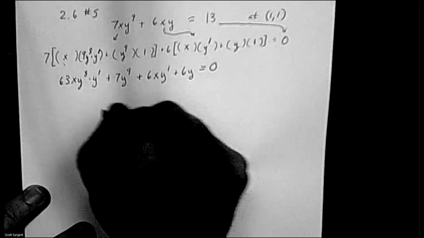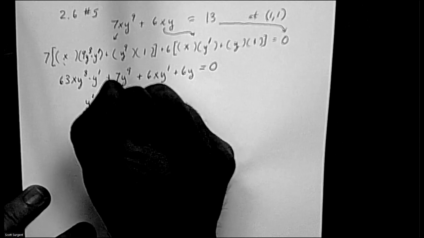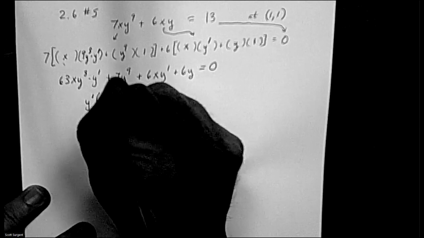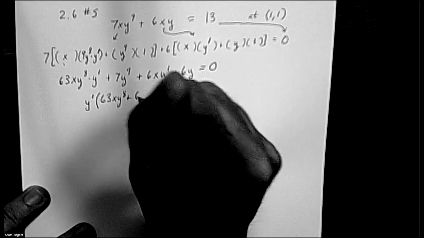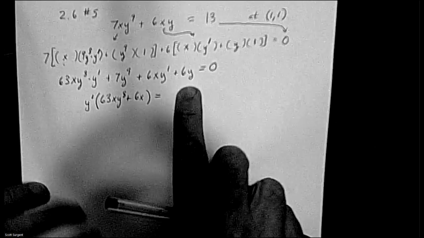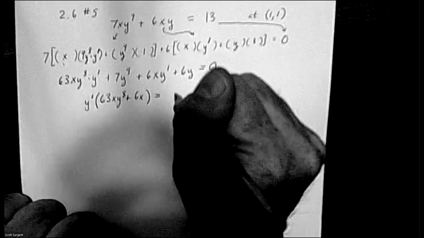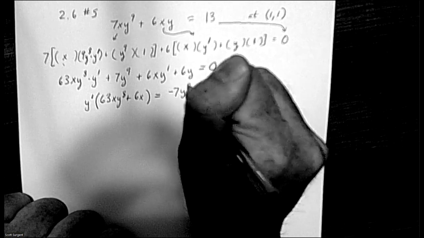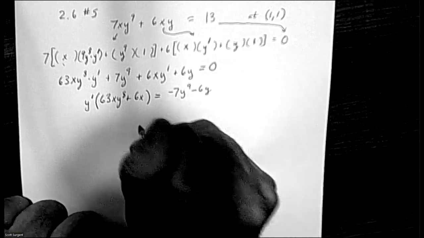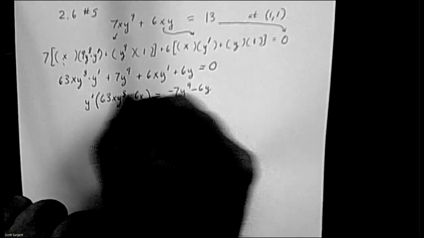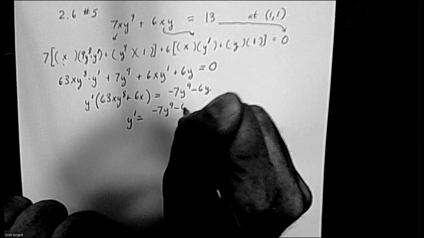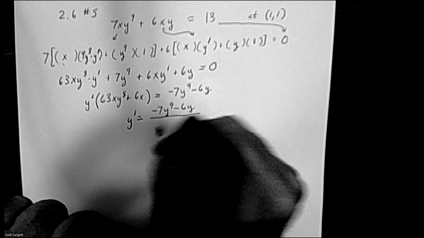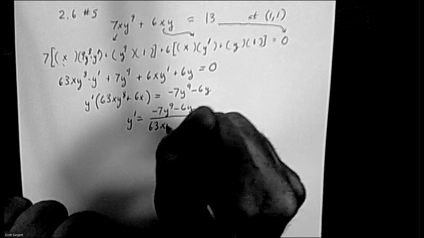I'm going to solve for y prime. So I'm going to collect the terms that have a y prime and group them. Then I'm going to move the terms that don't have a y prime to the other side. They become negative. Subtracting. And the last step is to divide out by the parentheses here, and you get a big old ugly fraction. And you write it down.